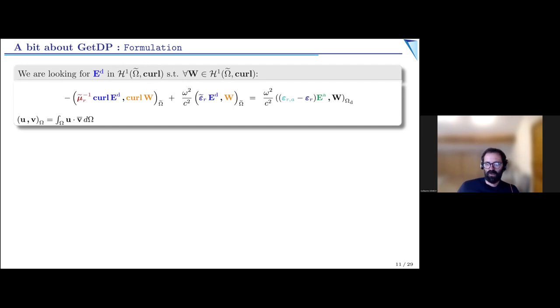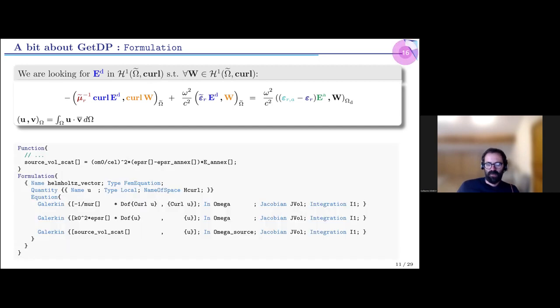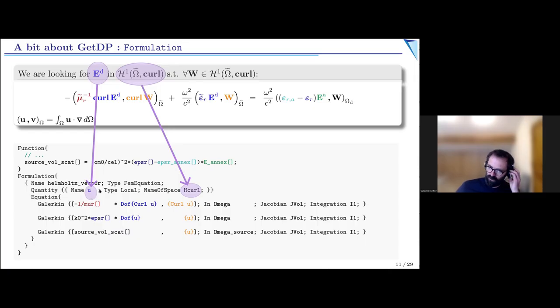So how does it go into GetDP? Well, this is the GetDP formulation, so I'm not going to, of course, comment on all the words, but let's see how it goes. For the first unknown, my unknown here goes into some name. It's called U. Usually I pick U for the unknown field.